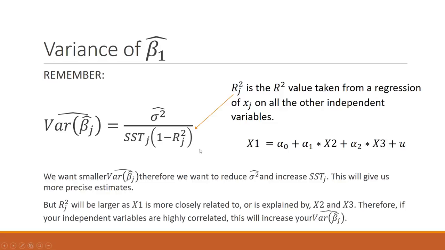That means the denominator is smaller. That means the fraction is bigger. So that means the more closely related x1 is to x2 and x3, the higher the estimated variance of beta 1 hat will be. And then that becomes a problem if it makes it difficult for us to do hypothesis testing with beta 1 hat.